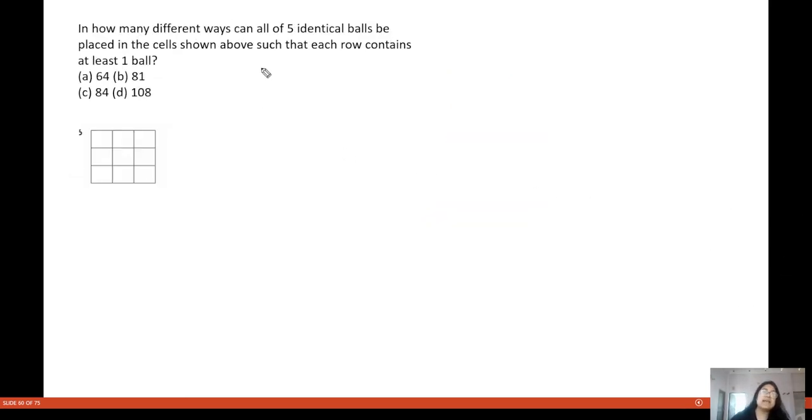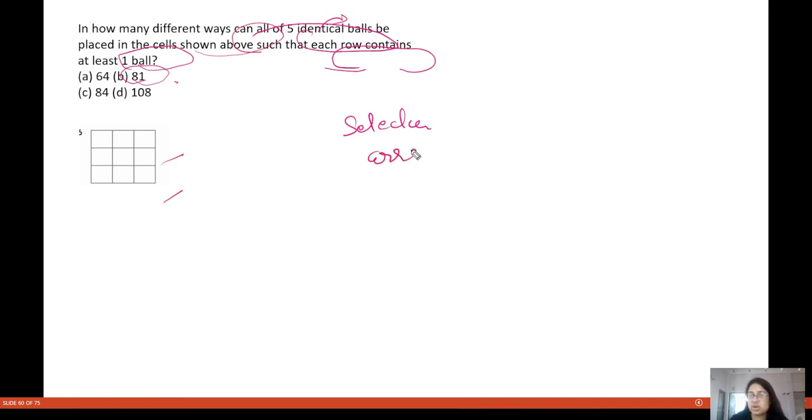Now look at this. In how many different ways can all of 5 identical balls be placed in the cells shown above, so that each row contains at least one ball? There are 5 identical balls, so that means we only have to select from these boxes. Arrangement is not important.